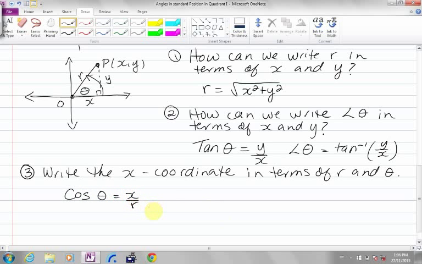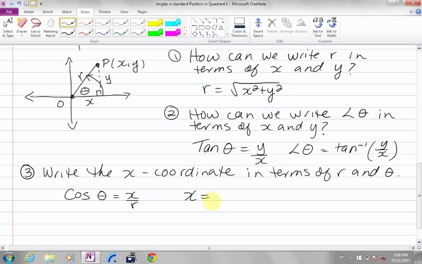Beautiful. Cosine theta equals x over r. You're absolutely right. So that's how cosine theta, x, and r are related. Could we simplify that and write x by itself? How could we shift those pieces around to get the x by itself instead of the cos theta by itself?